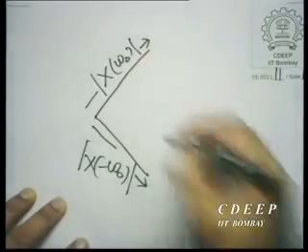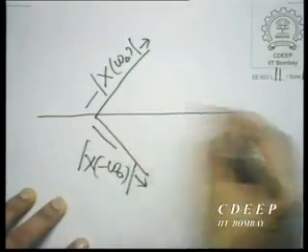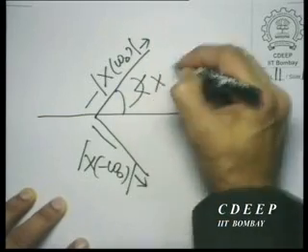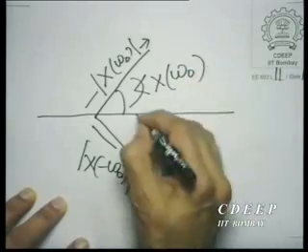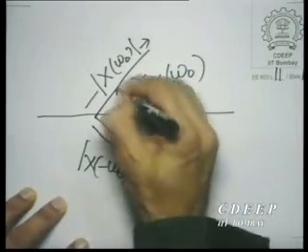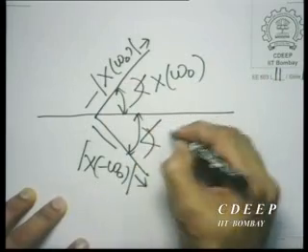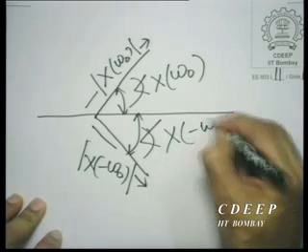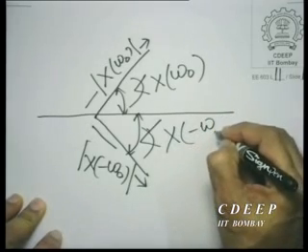They have the same magnitude and exactly the opposite starting angle. This is the symbol for angle or starting angle of phase.